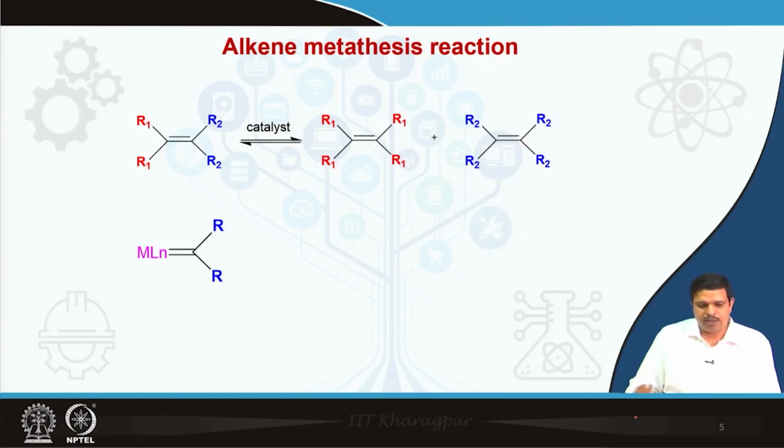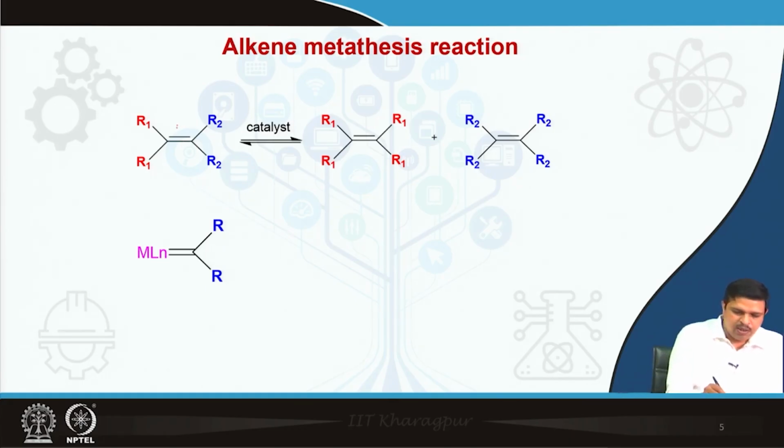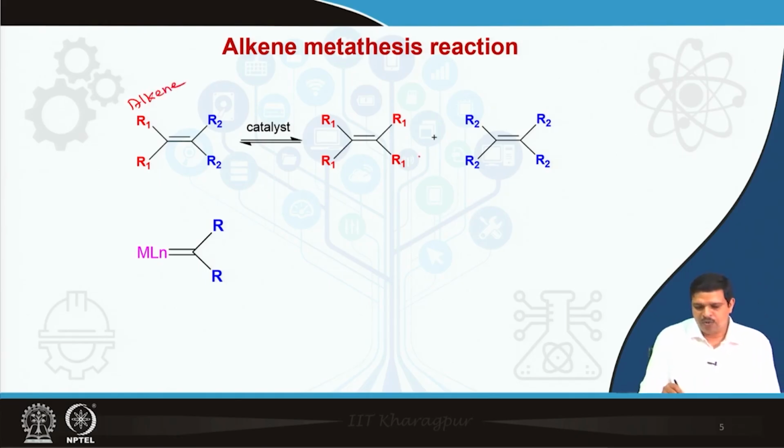This is one example of a metathesis reaction, where you see an alkene, and by using the metal-carbene catalyst you are actually making two new alkenes.